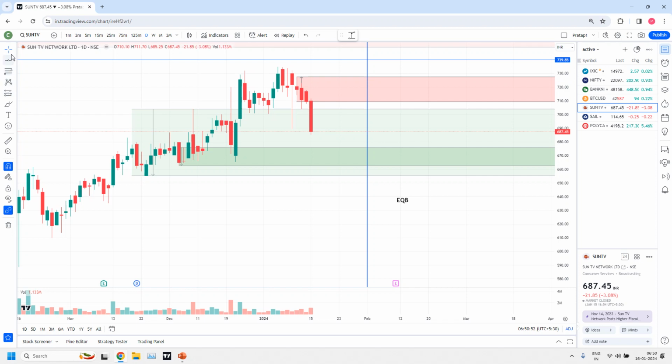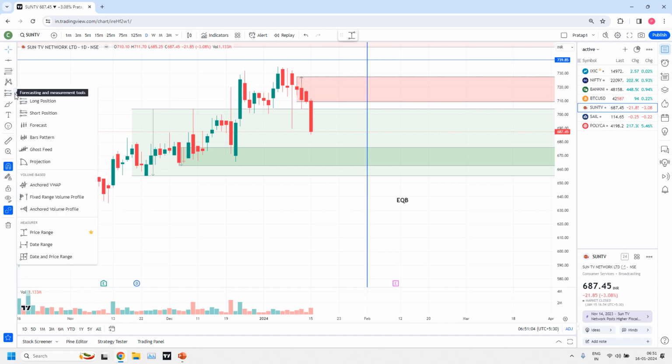Here we have the icons starting from 1, 2, 3, 4, 5. This is the place where you find the tool for drawing demand and supply zones. In the same menu, you just click, and at the top you find long position and short position. Currently we are planning a bullish trade setup, a long trade, so use this long position.